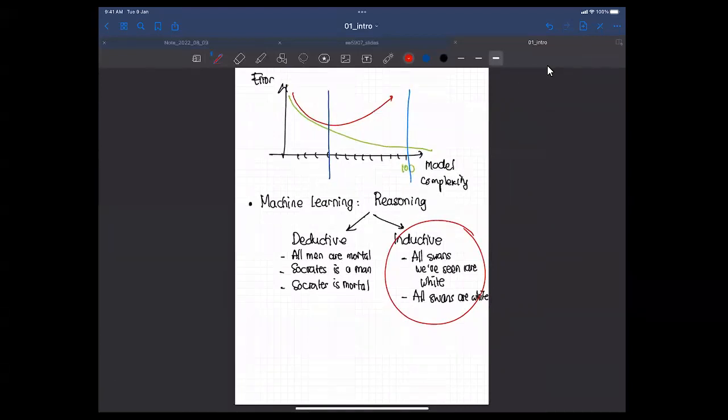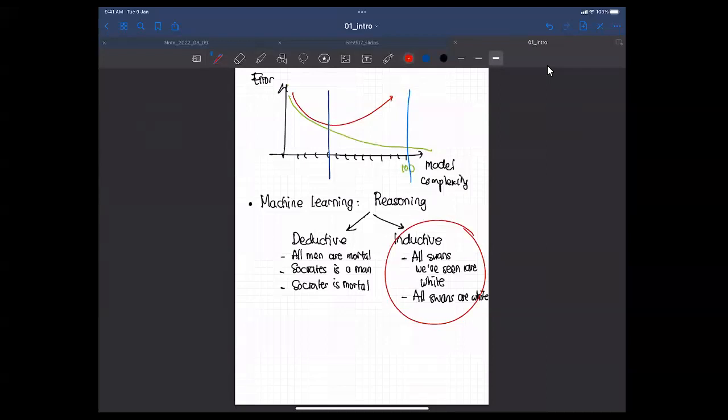So we can have the reasoning to get to the result. Usually we have the input data, like observed data or experimental data, and the black box. So machine learning, for example, if you have a black box, you have data, then you have some model.